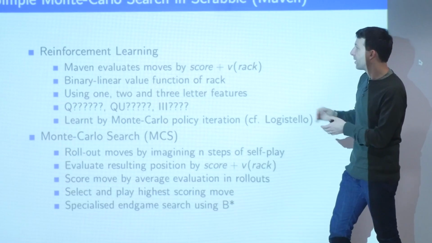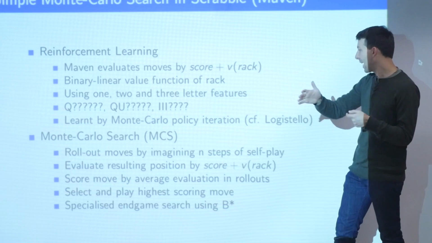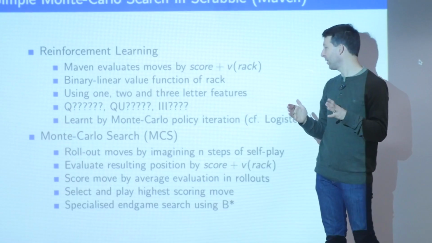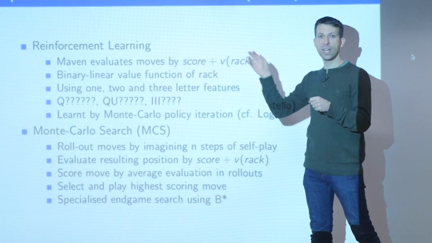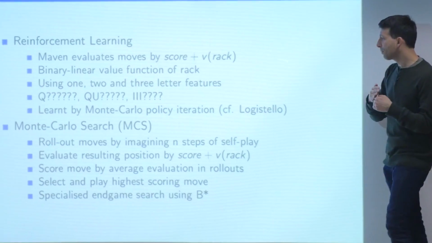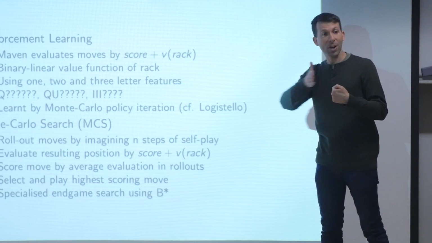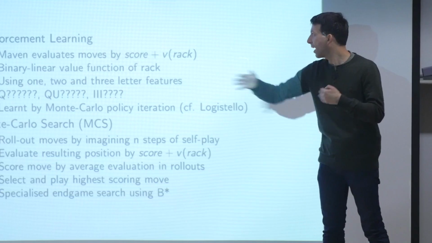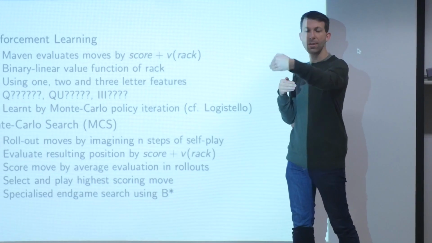What was interesting was the way it did search. It actually did search by rolling out, by imagining what would happen into the future. You'd start in this position, and it would just play out games according to its strategy. It would play out some number of moves into the future, and then truncate and say, okay, I'm just going to look 10 moves into the future, and then evaluate the position that I think I'm in there.